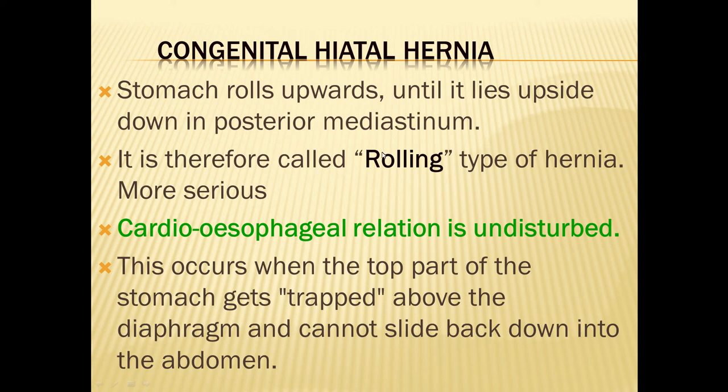Because the top part of the stomach is trapped above the diaphragm and cannot slide back into the abdomen. The blood supply is cut off and can result in death of the tissue. In congenital hiatal hernia, an important point is that the cardio-esophageal relation is undisturbed.